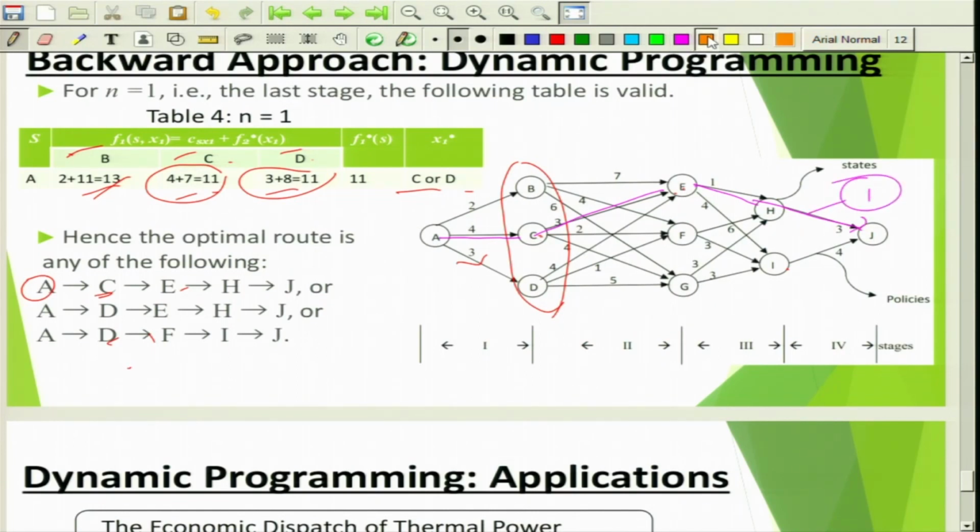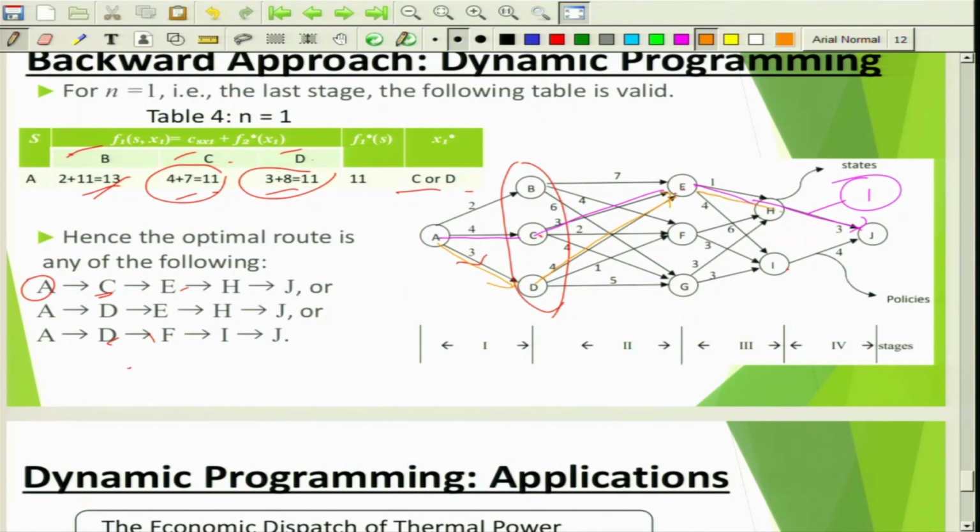The second optimal route is, instead of going to C, you choose to go to D. If you go to D, then you can choose either E or F. If you choose to go to E, once you reach E, the destination is fixed.